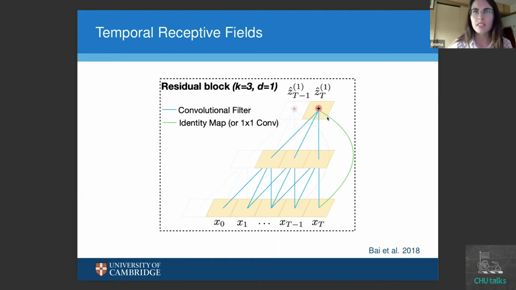So if we decide for a particular variable, it's not useful to extract information across a long period of time behind it, then the network can just decide to take the original data and not change it. And that's really useful because it means that the network can then modify its own, we say temporal receptive field, which basically just means how much time it can look backwards in time.